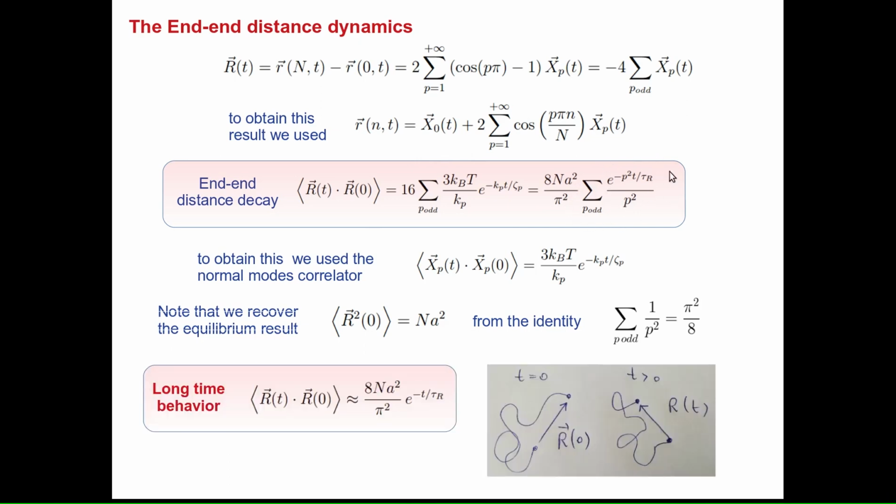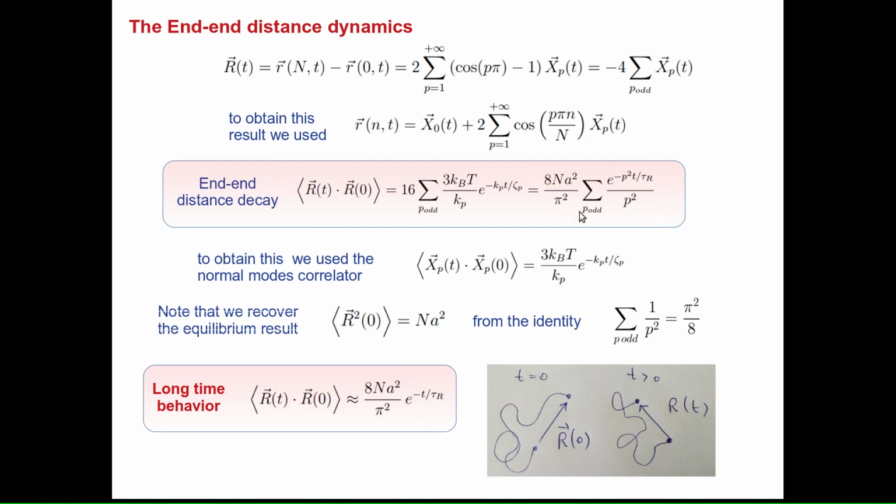This is a sum of exponentials, right? If I go to sufficiently long time, in the sum over p odd, there is p equal to 1, p equal to 3, which gives minus 9t, and p equal to 5, 25, and so on. So as soon as you go to large p, this decays faster and faster in time. For sufficiently long time, there is an asymptotic behavior.